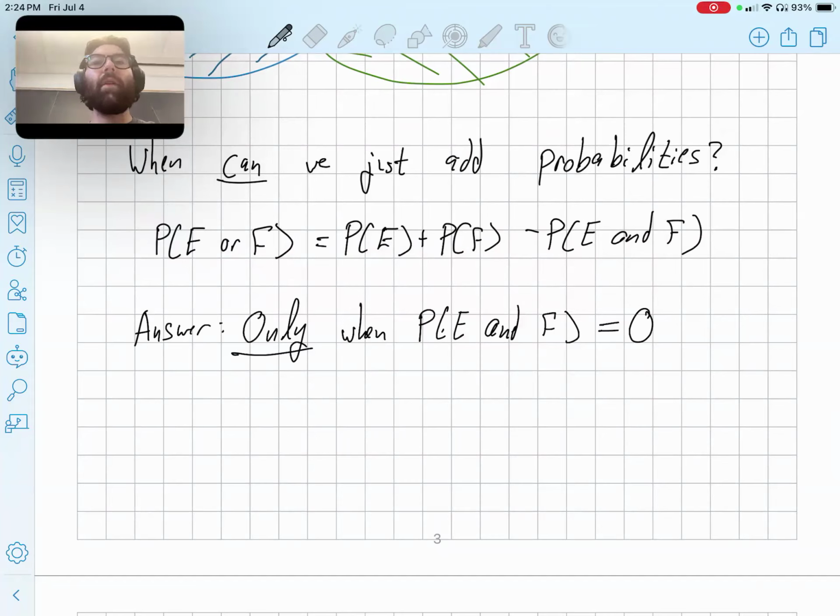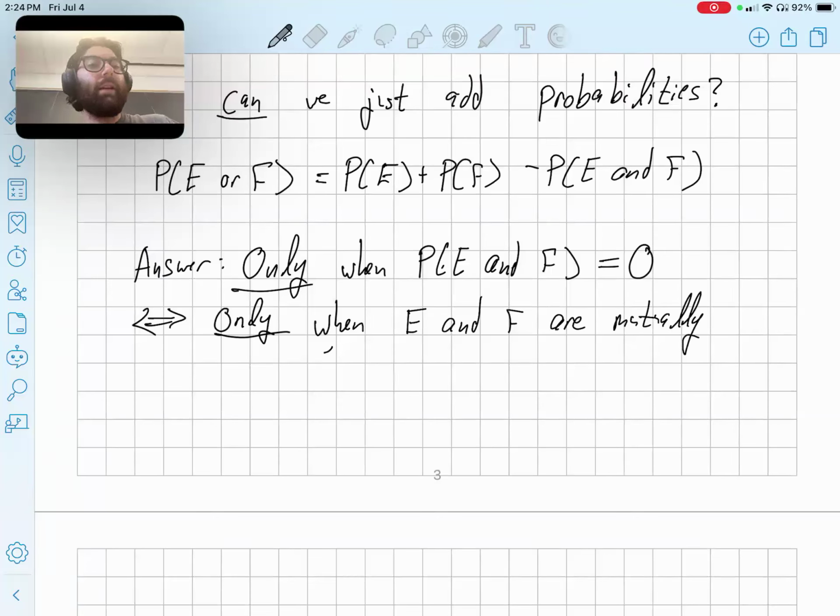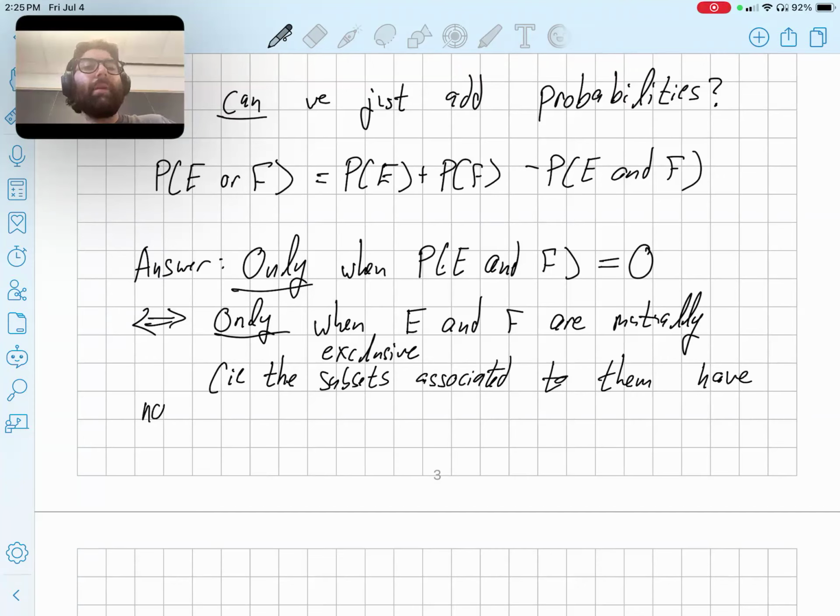But we have a special name for events like this. We call these mutually exclusive. And so that's the same thing as saying only when E and F are mutually exclusive. In other words, the subsets associated to them have no overlap. Okay, and so this is the only time we can do this.